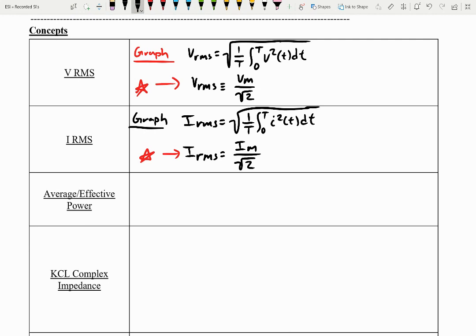We're going to take a look at average and effective power. So these are just different ways of representing the same concept.